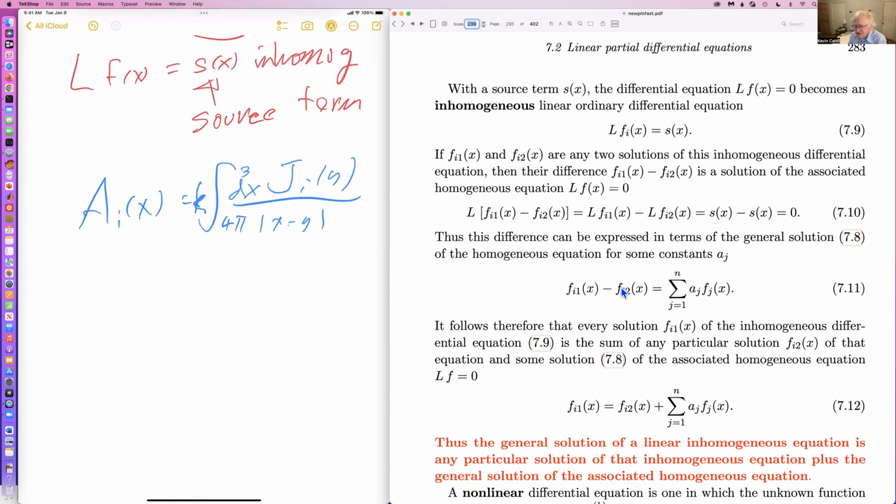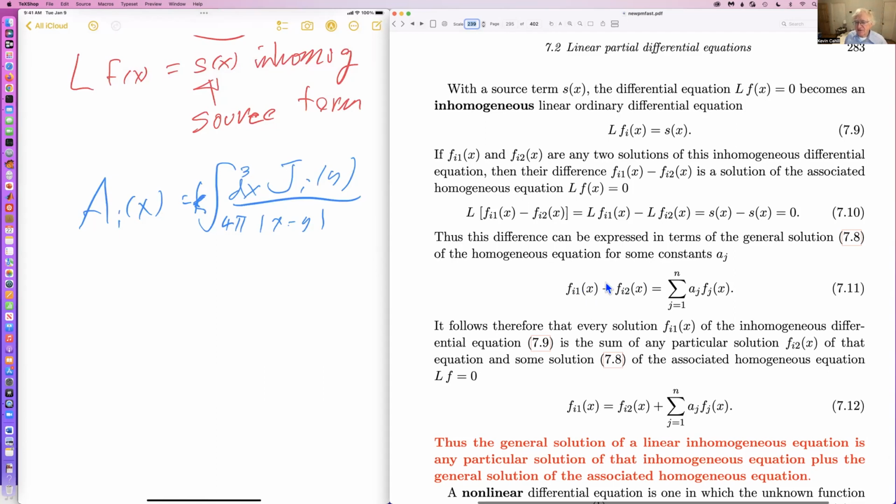And so the difference of any two solutions of the inhomogeneous equation is a linear combination of the solutions of the homogeneous equation. And so if you have an nth order linear inhomogeneous equation, you can form the most general solution of the homogeneous equation, and that must be the difference.